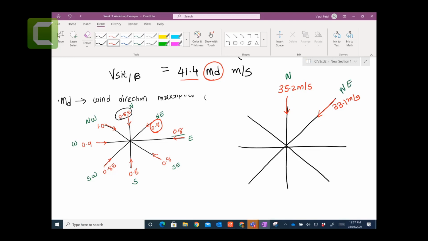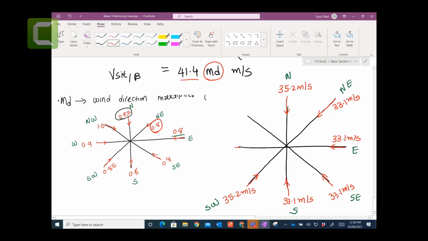0.8, lucky, same one, so you have 33.1 meters per second, and that is east. 0.8 same, 33.1 meters per second, and that is southeast. You have 33.1 meters per second for south. 0.85, I think we did 0.85 somewhere here, 35.2, because north and southwest are the same, and that is southwest.